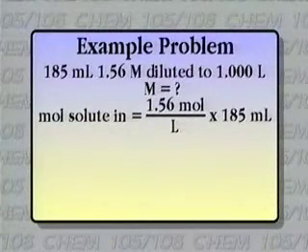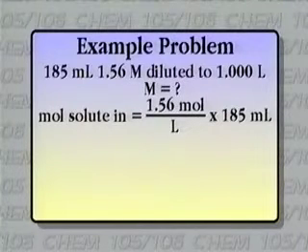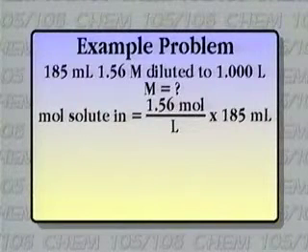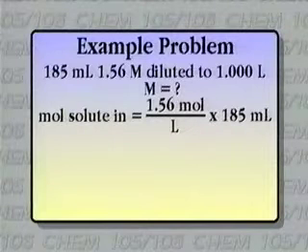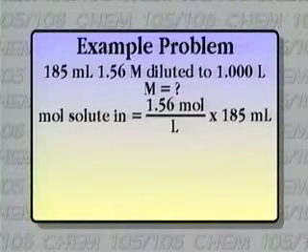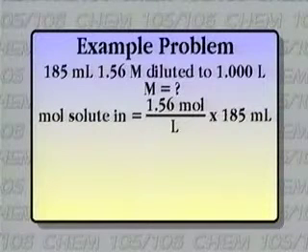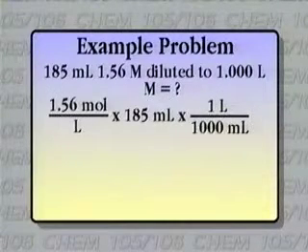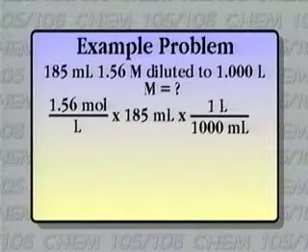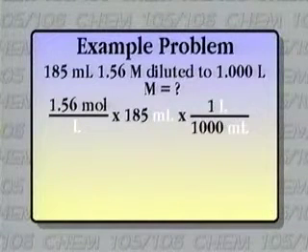I got over on this wrong side. That's what we're going to end up with. This is what we're starting with. So initially, then, I had that concentration and that volume, and of course then 1 liter over 1,000 milliliters to get us into moles so that our units all cancel.